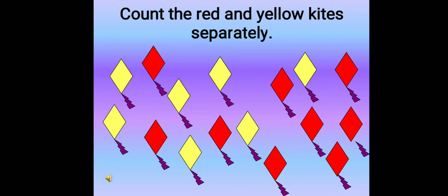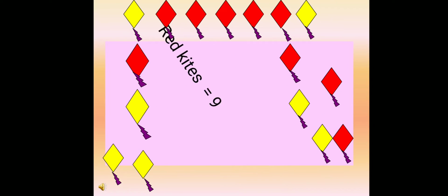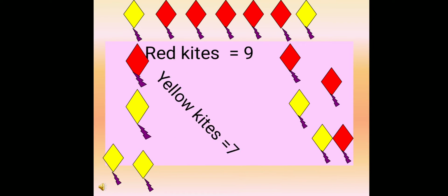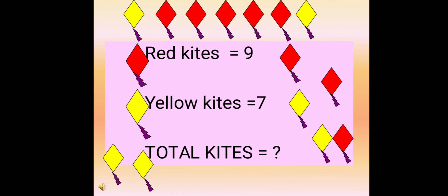Now give a look at this picture. We have to count the red and yellow kites separately. Find out how many red and how many yellow kites are there in this picture. Have you counted red and yellow kites?